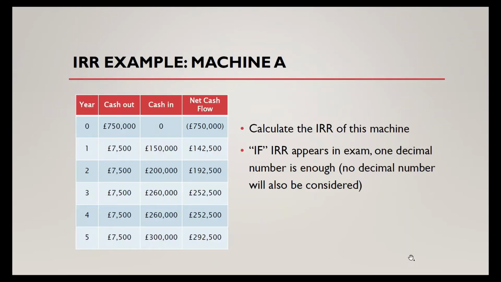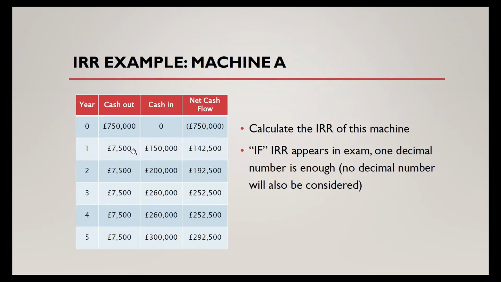So let's have a look at the practice question for machine A. In order to invest in machine A, first we need a cash outflow of an initial investment of £750,000. Because today, in year 0, there is no cash inflow, our net cash flow will be negative £750,000.